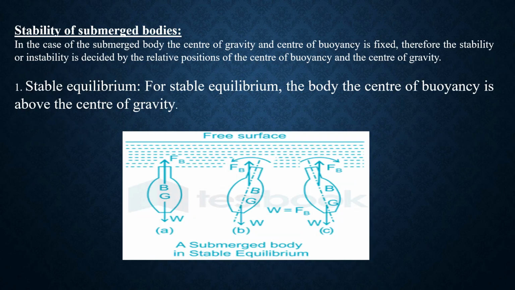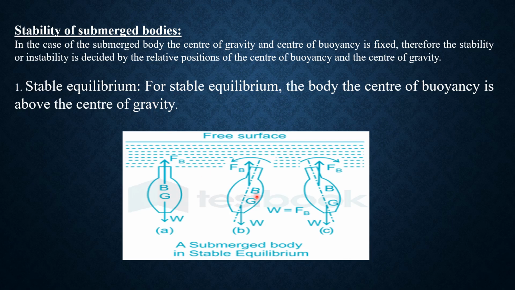Then the next condition, the stability of submerged bodies. The first condition is related to the stability of floating bodies. In floating bodies, stability is related to the metacenter, and in case of submerged bodies, it is related to the center of buoyancy. For stable equilibrium, the center of buoyancy is above the center of gravity.